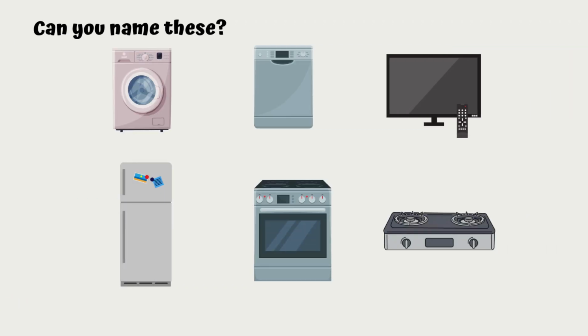Can you name these? I'm giving the answers. Çamaşır makinesi. Bulaşık makinesi. So what we are saying here is çamaşır is clothes, bulaşık is dishes, and makine means machine.